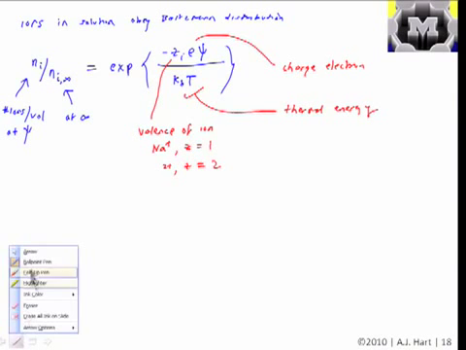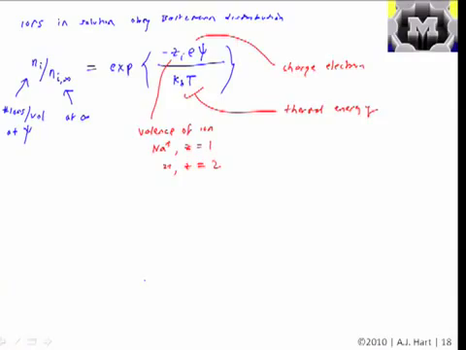And from this relation, we can define the charge density. We said the charge density is just the total charge in coulombs per unit volume. So then our rho star is just equal to, for each particular ion, we can calculate a charge density, which is just the valence of the ion times the charge on the electron times n sub i.